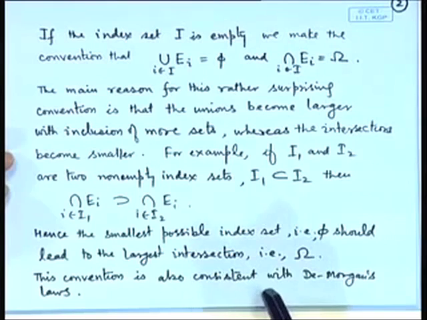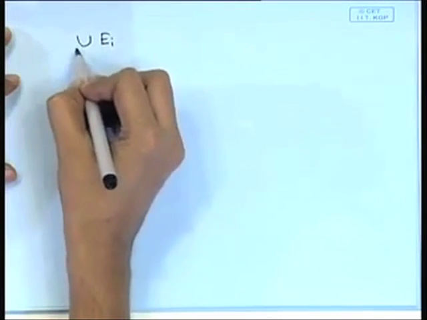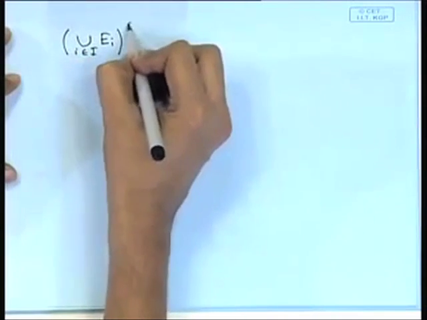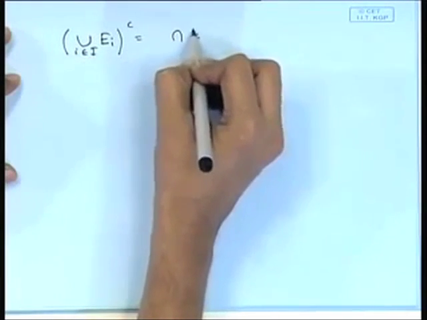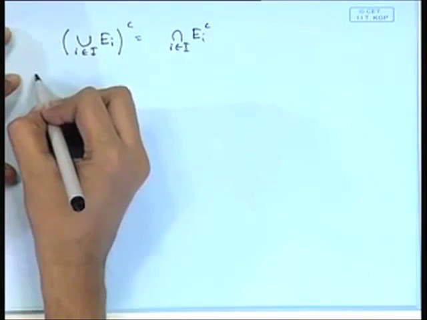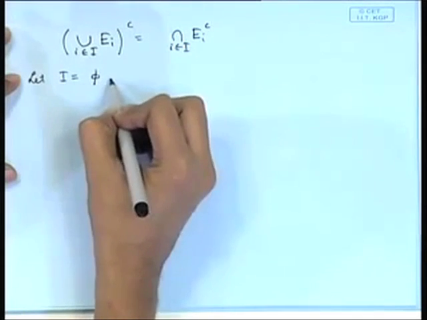This convention is also consistent with De Morgan's laws. For example, if I write the complement of the union of E_i, i belonging to I, it is equal to the intersection of E_i complement, i belonging to I. Let us take I to be phi.